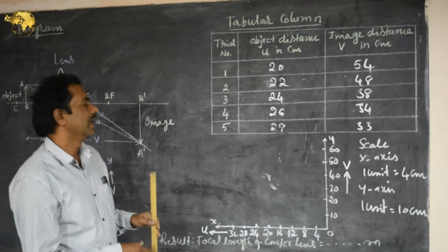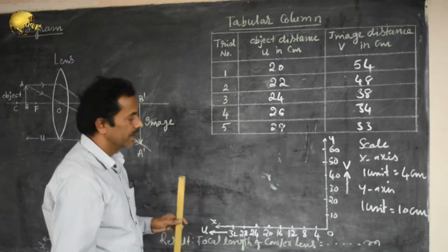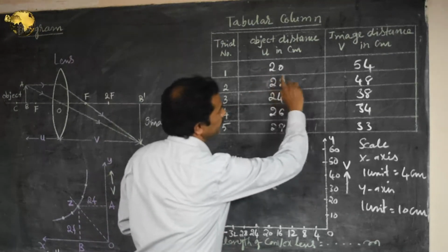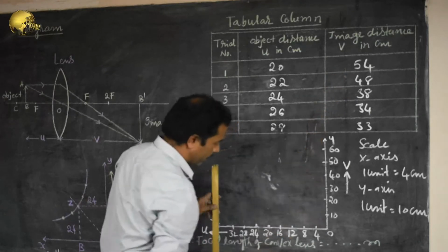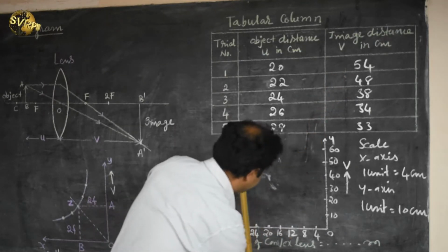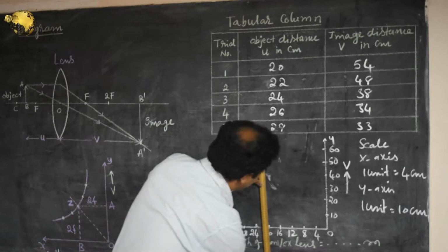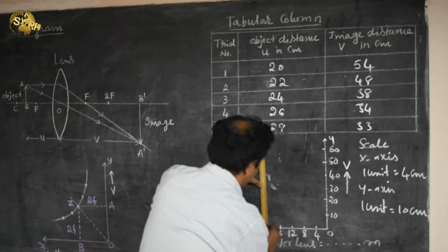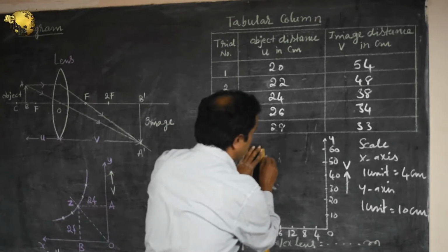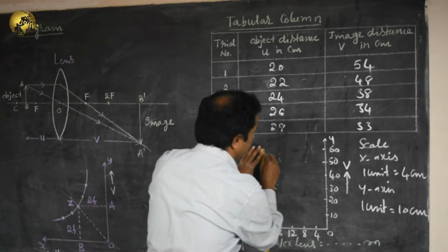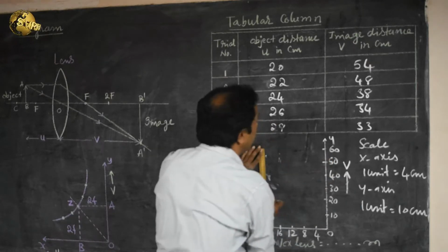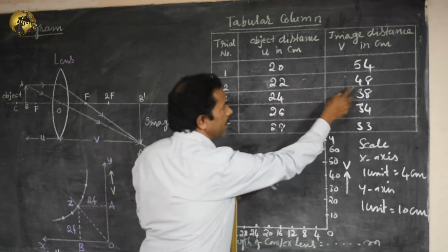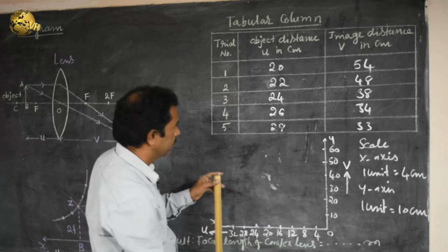Okay, dear students, let us plot the readings on the graph. In the first reading, the object distance is 20 cm and the image distance is 54. In the second reading, the object distance is 22 and the image distance is 48.